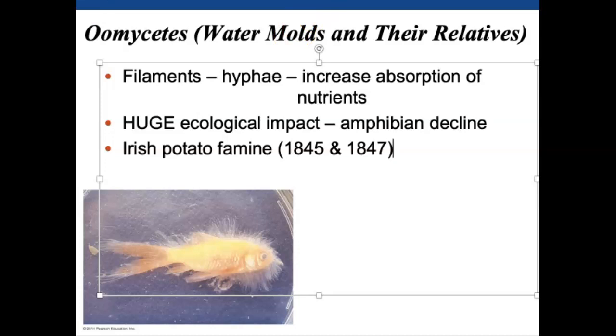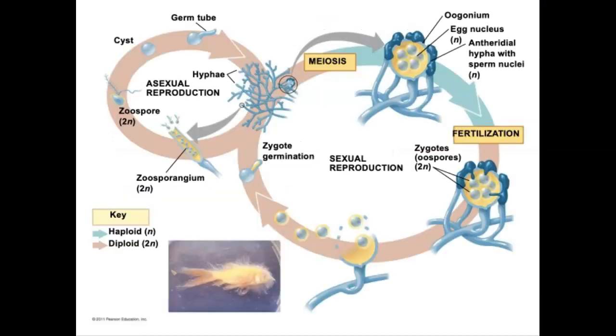To groups like this. So big picture, when they reproduce, they can do sexual and asexual. The asexual is pretty simple. They just produce little zoospores. Those things can sit in this cyst stage, which is a dormant stage, and just hang out and wait. And then they germinate, and now they're back and sending out little filaments of hyphae everywhere to decompose stuff or parasitize things.